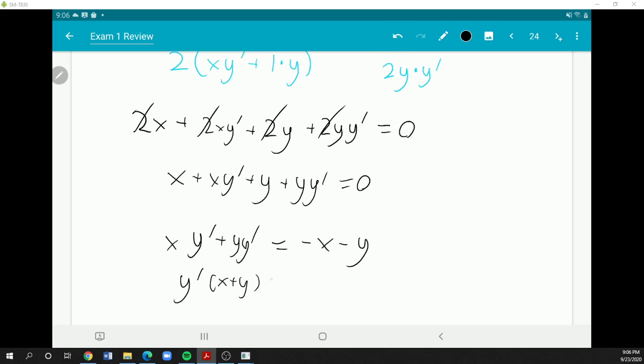X plus y is equal to minus x minus y, or y prime is minus x plus y over x plus y, equals minus 1.